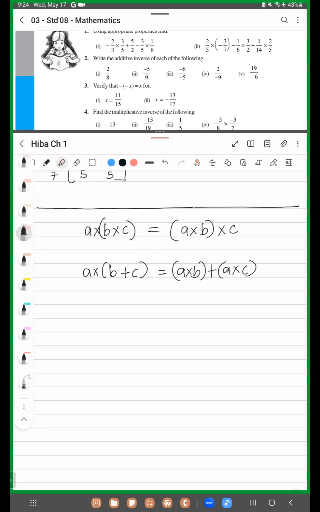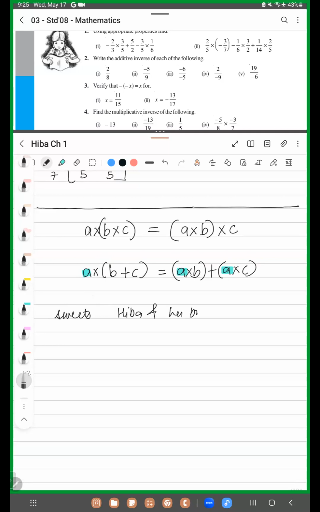Here, basically, A is being distributed over B and C. Distributive property is kind of like saying, for example, I am giving sweets to Hiba and her brother.